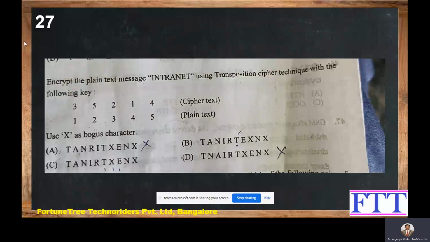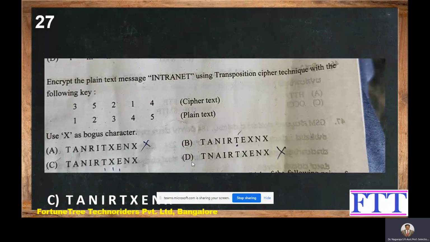One is matching with ciphertext 3, 2 is matching with ciphertext 5, 3 is matching with ciphertext 2, 4 is matching with ciphertext 1, and plain text 5 is matching with 4. Use X as a bogus character. If it is not matching with this particular plain and ciphertext, you can use X. Here they have given options A, B, C, D. Here the right answer is option C. Option C is the right answer.